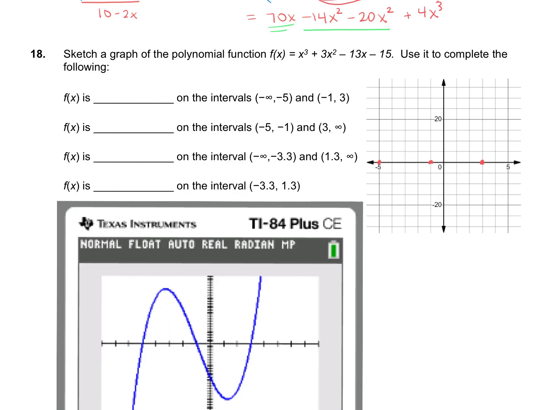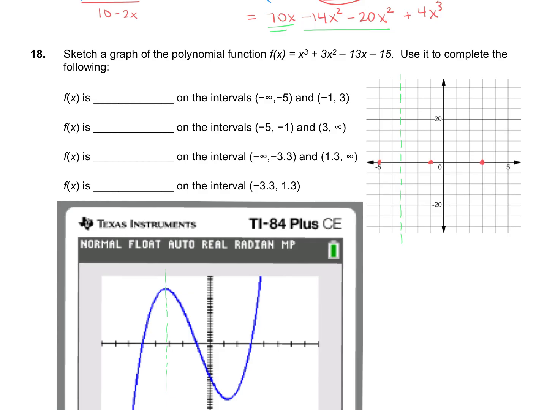And if I look at our intervals over here, do you see that negative 3.3? That's a turning point of our function. So I'm going to draw a vertical line at about a negative 3.3. That is right here. That's where our function is turning.